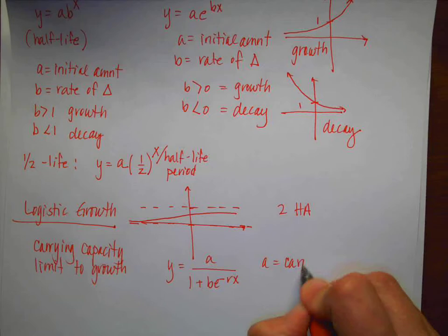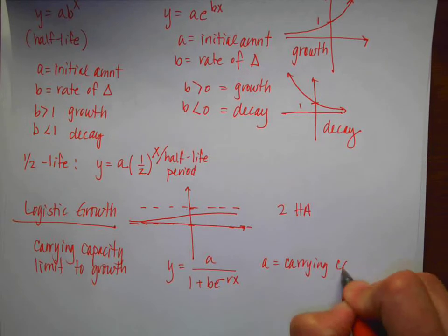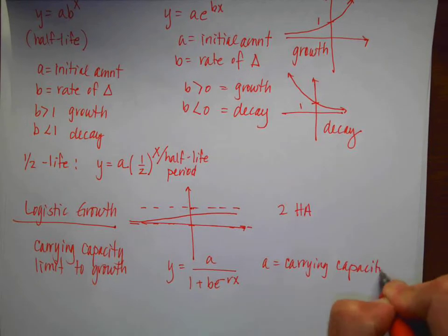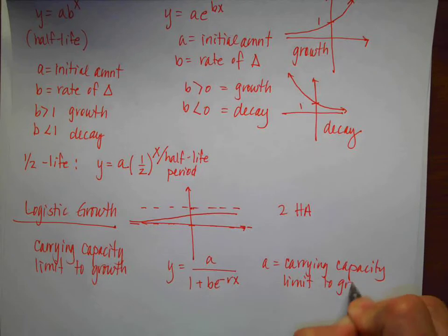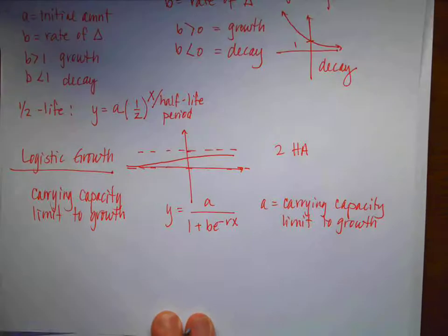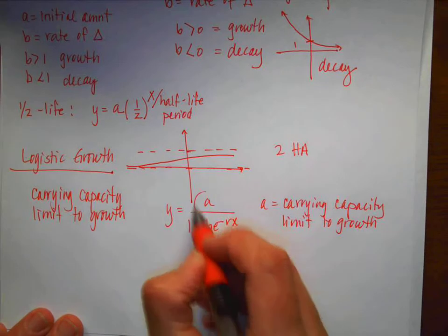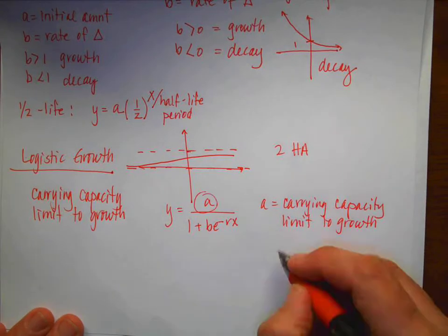A is going to be the carrying capacity, or the limit to growth. If a question asks what the limit to growth is, then I just read that from the numerator.